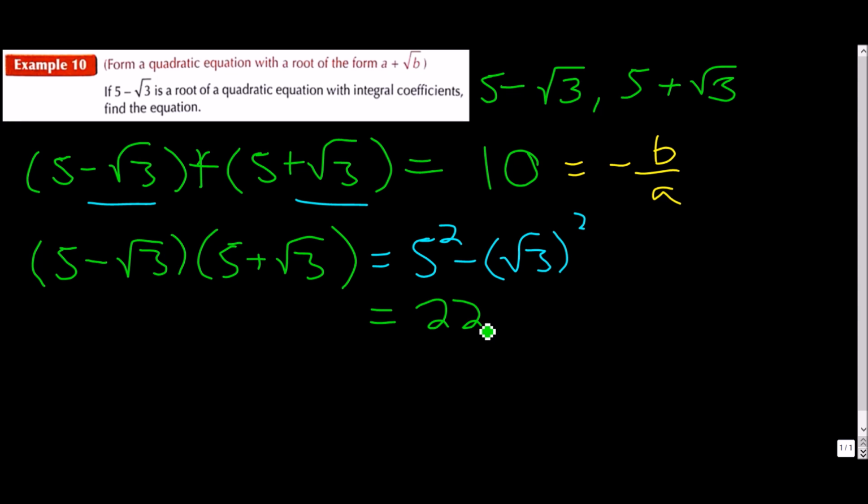Now, again, we know that this is the same thing as c over a. So we can use this information to go ahead and find our quadratic equation. We're pretty much done. If we start off, let's go ahead and make a 1. It makes it very simple. So it's going to have 1x squared.